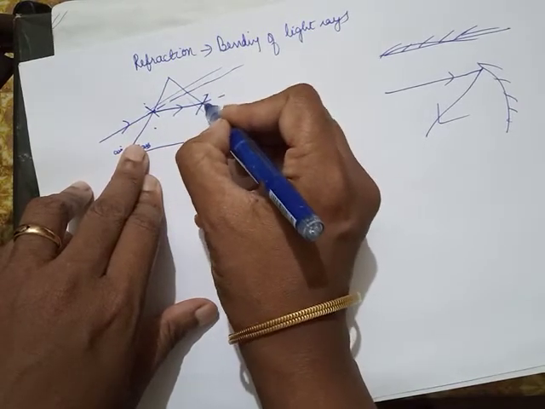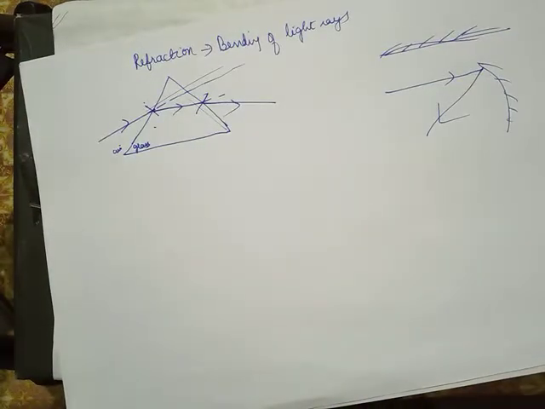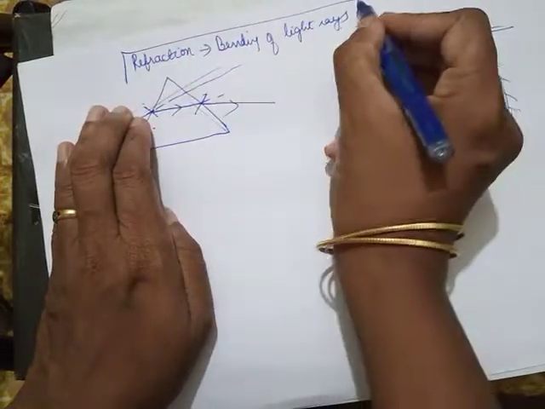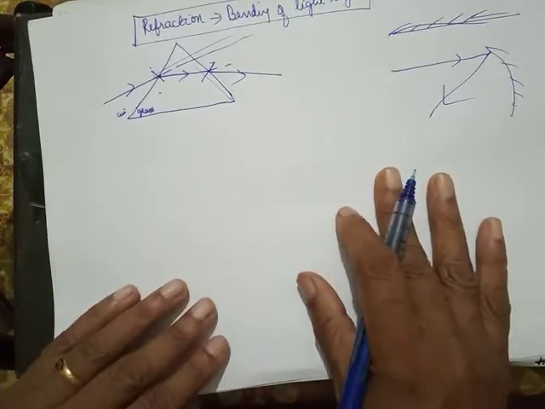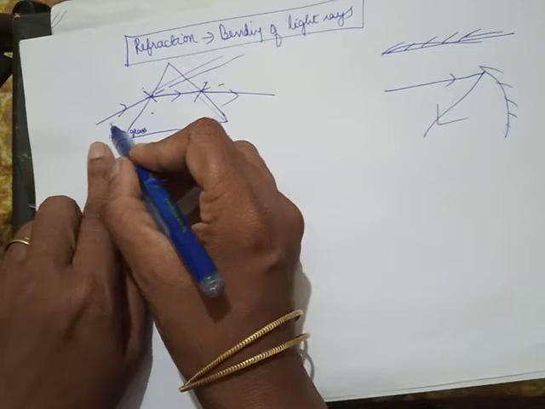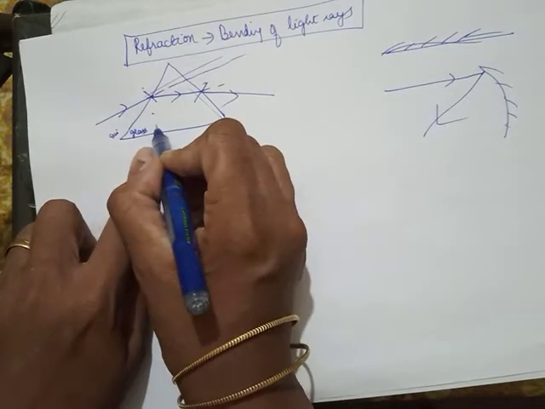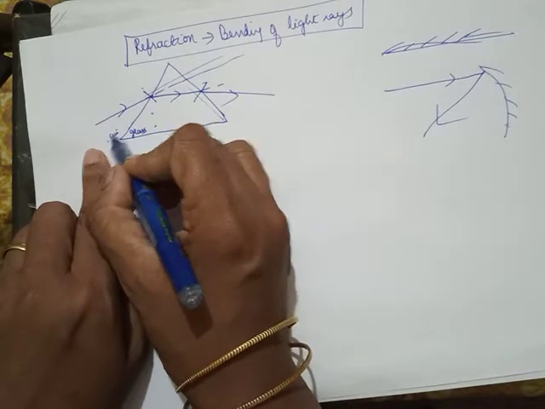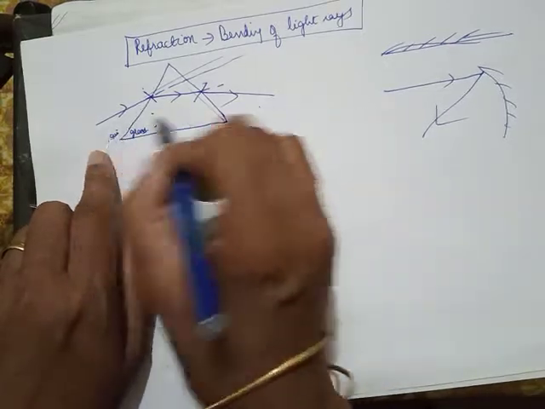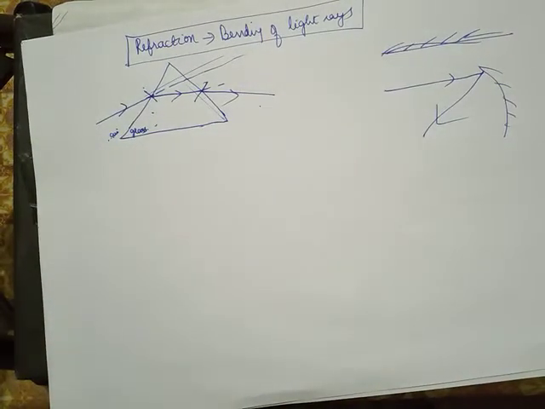Again here, it will bend like this. There are rules about it that you will have in higher class. Just understand refraction means bending of light rays when light travels from one optical medium to another. There should be a transparent medium: air to glass, glass to air, water to glass, something like that.